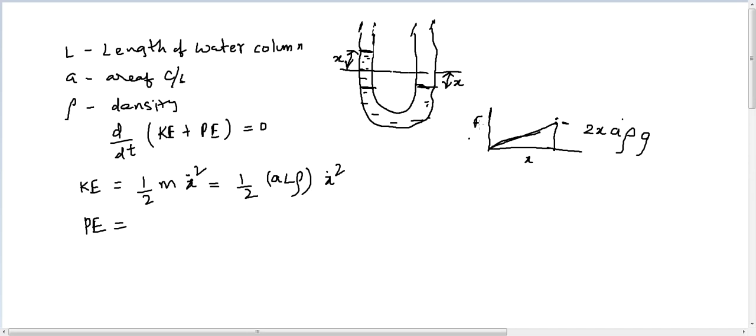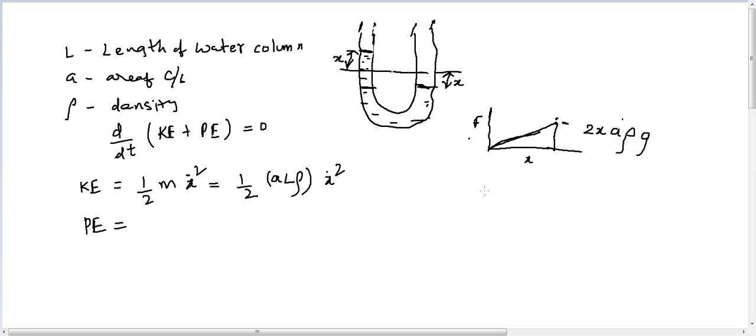The area under this force-distance plot will give us the energy, which is the energy we have spent to bring this disturbance in the water.